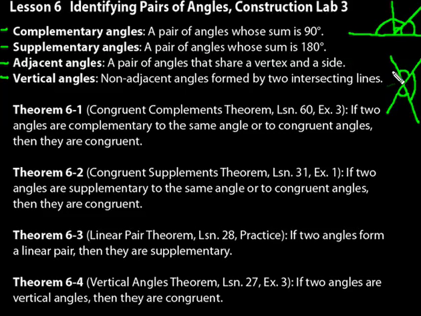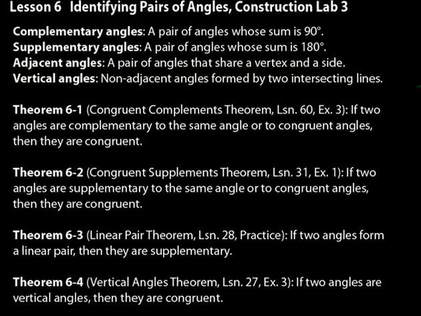And this angle here and this one, I'll put a tick mark to represent those two, they actually are congruent. They're equal to each other. We'll talk about that more in a minute, but we would consider that pair as well with a single tick mark on the angle mark. Those two are vertical angles as well, non-adjacent angles formed by two intersecting lines.